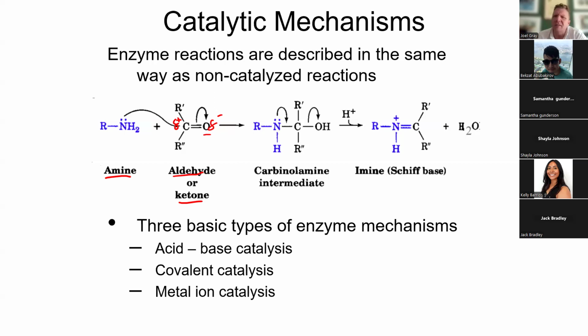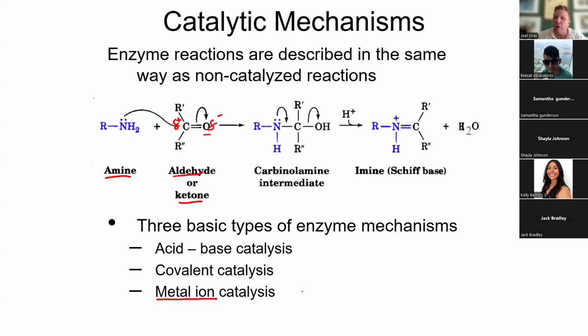Covalent catalysis is a little bit more nuanced than that. You're going to be forming a covalent bond, but what's important is which groups form that covalent bond. Metal ion catalysis, it's reasonable to predict that you would have a metal ion.